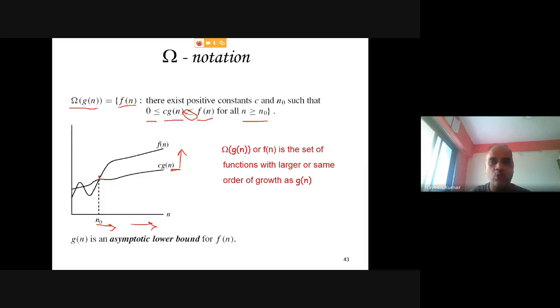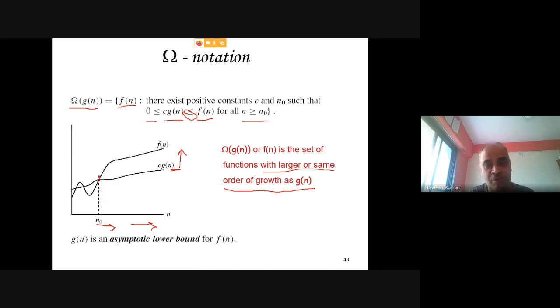So you can say that big omega of g(n) is the set of functions with larger or the same order of growth as g(n). So f(n) should always have a larger growth rate than g(n), right? This omega of g(n) will always bound f(n) from the lower side.